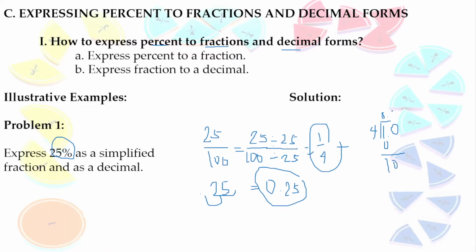Yan, so pwede naman po para pakita ko lang. Okay, and then 2, and then add 0 ulit. Then 20, and you will get 5. So, same lang po. 25, 0.25 po ang sagot. Okay? So, 1/4 and 0.25 po ang fraction and decimal ng 25%.